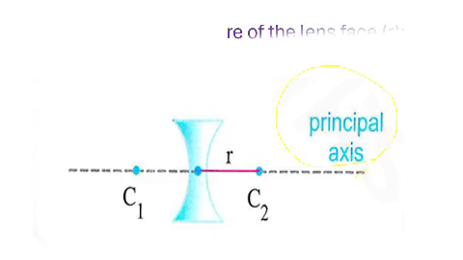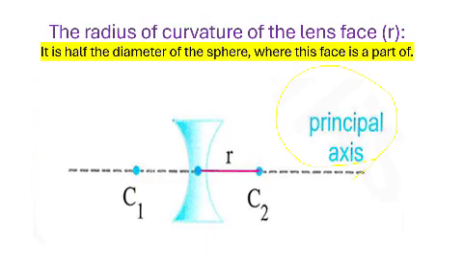So, as you know, any lens is surrounded by two spherical faces. Here I have one spherical face. This spherical face has a center of curvature, and this is called the radius. So the radius of the lens is the radius of the sphere of which the lens takes part.